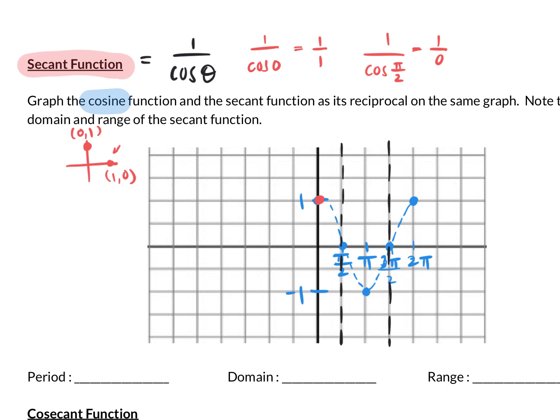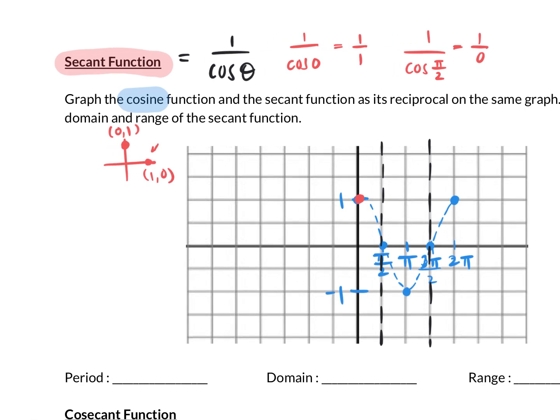So let's check a point in between 0 and pi over 2. Maybe pi over 4. If I look at pi over 4, 1 divided by cosine of pi over 4. Well, what is cosine of pi over 4? If I think about it on the unit circle, cosine of pi over 4 is going to be this value right here. So cosine is my x value. So that gives me square root of 2 over 2, right?